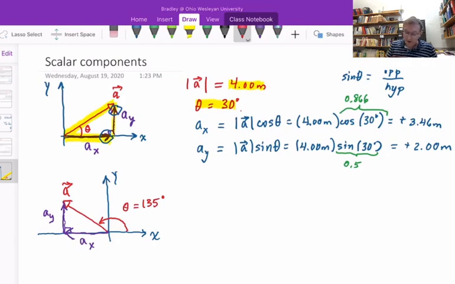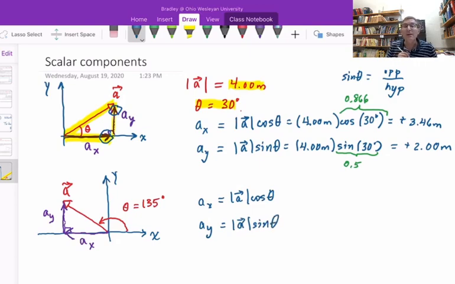So now let's just use the same formula I did in the first example to get A_x and A_y. We can do that. A_x is magnitude A cosine theta, and A_y is magnitude A sine theta.